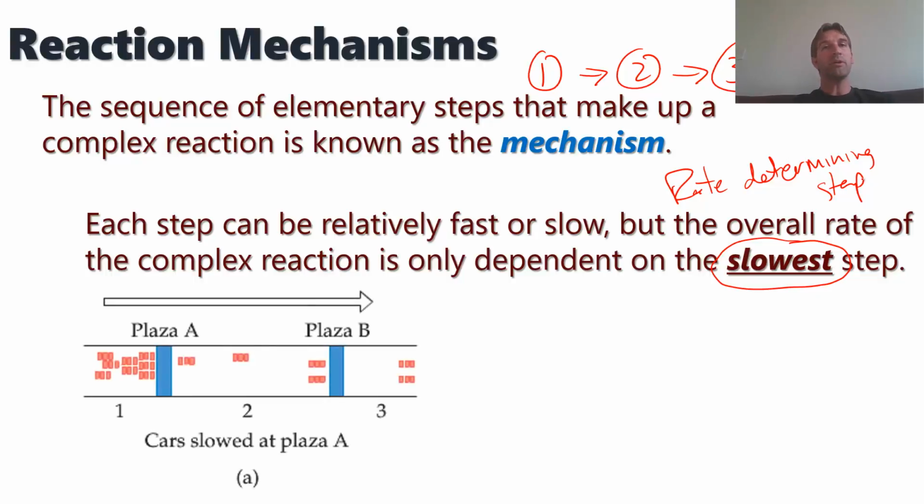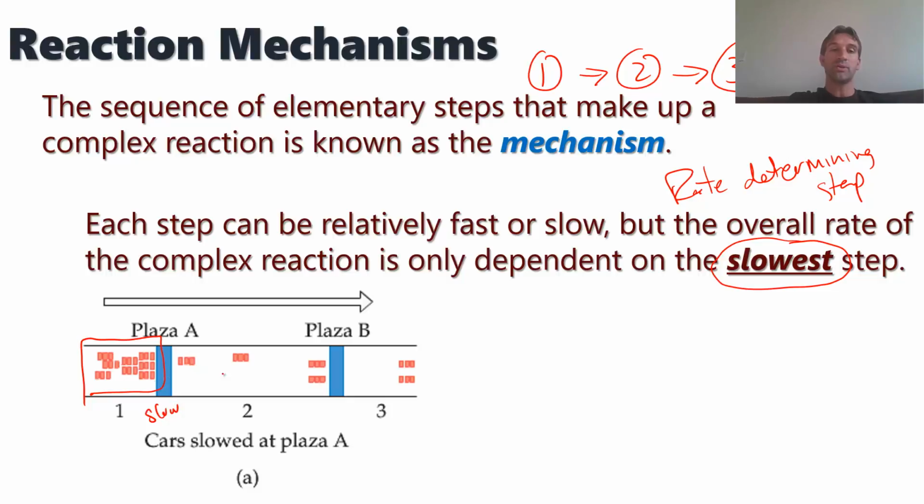To help clarify this idea, I want you to consider two different scenarios. If we have cars that are trying to cross from one side of a river to another, they're going to cross it on a bridge. And let's imagine that there are two stopping points, two plazas where the cars have to pass. Well, when you look at this first example, you notice that we have a pileup of cars at Plaza A. That means they're moving very slowly through the plaza.